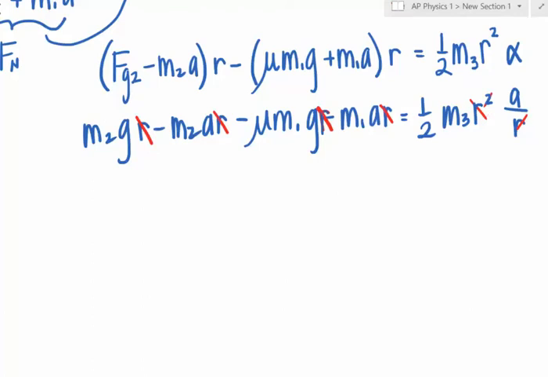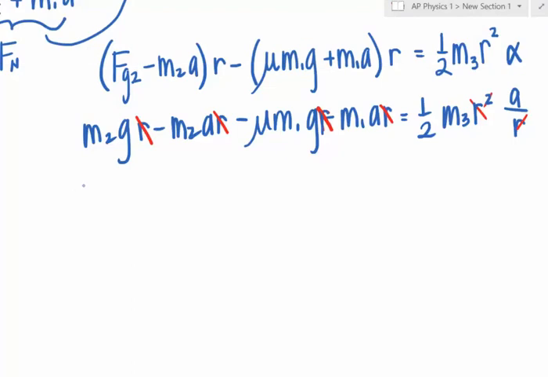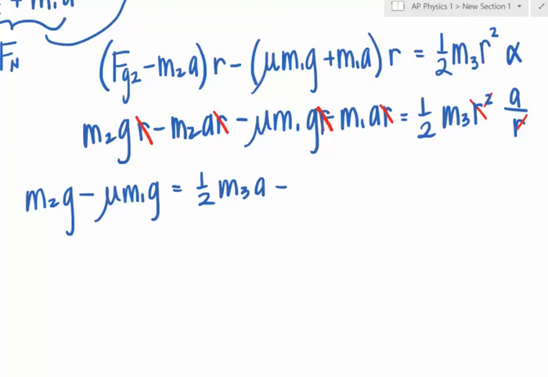Okay, so what are we left with? We want to find the acceleration. So m2g minus mu m1g would be equal to 1/2 m3a plus m2a plus m1a.